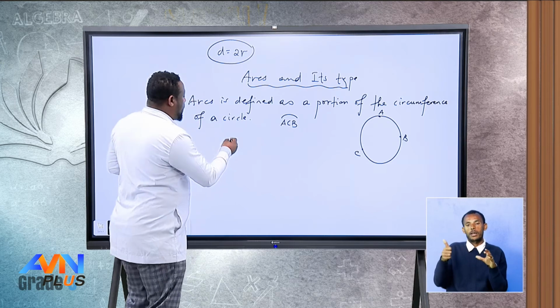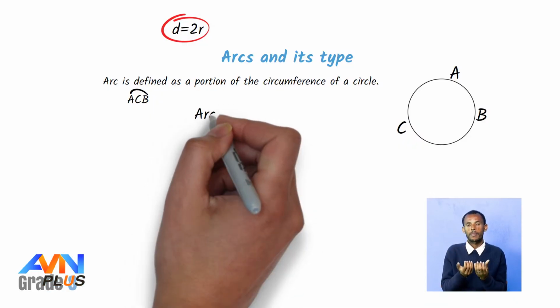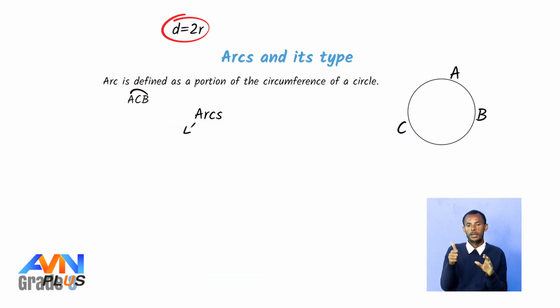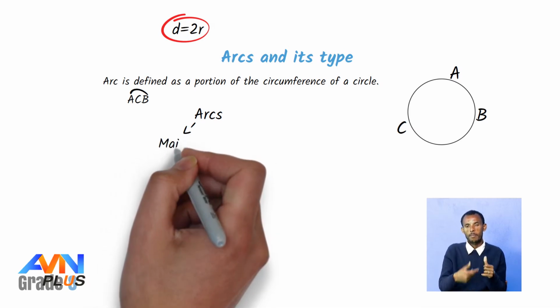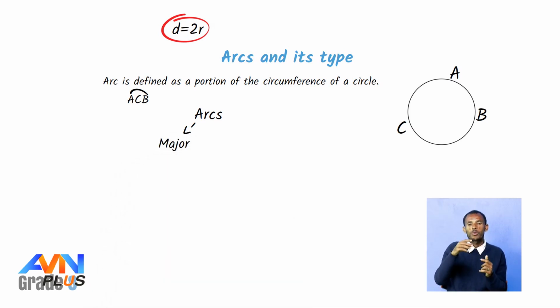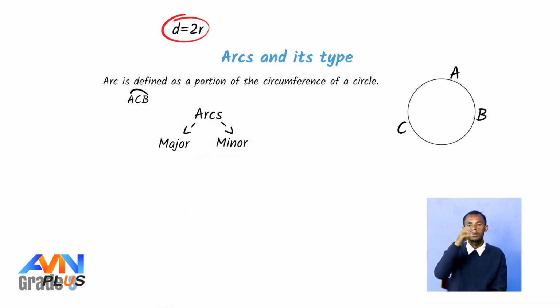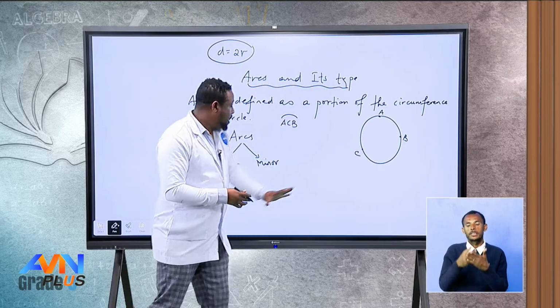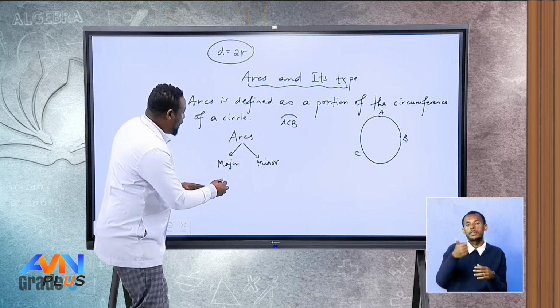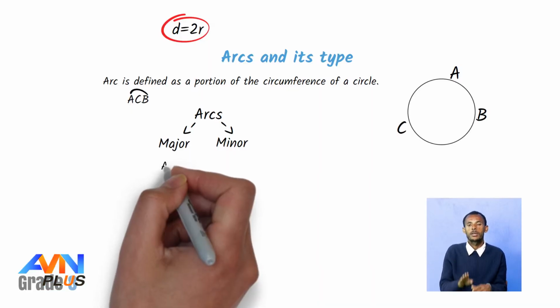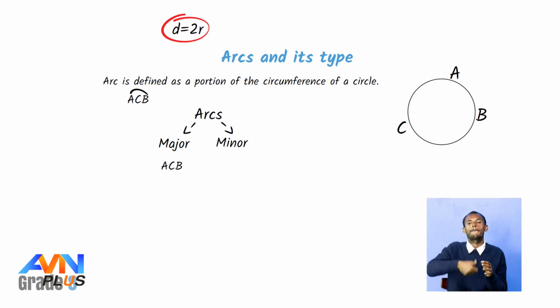So we classify arcs as major and minor. In this specific picture, ACB is an example of a major arc, and AB is an example of a minor arc.